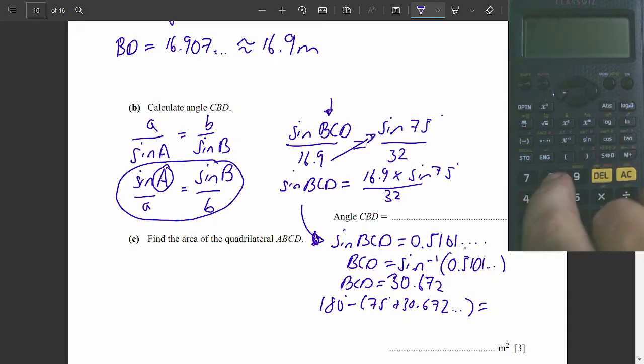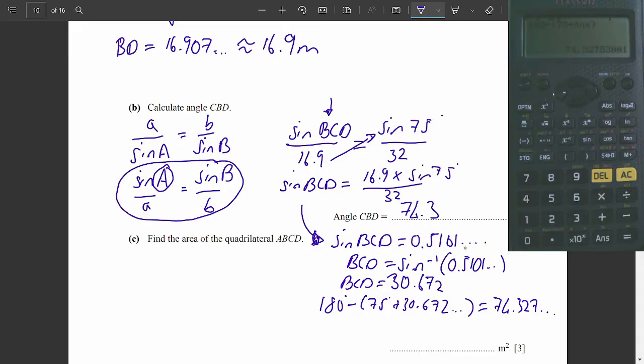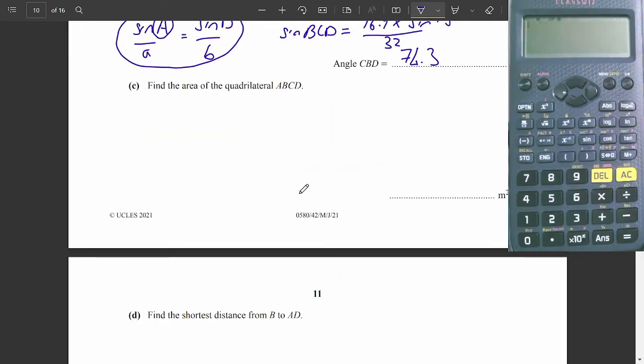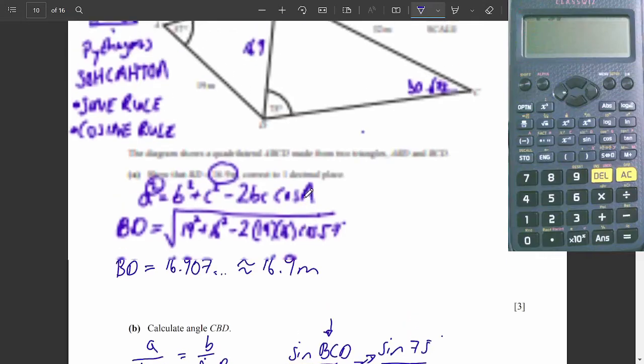So 180 minus 75 plus, again, insert my previous answer, and there we go, 74.327, rounded to 3 significant figures, 74.3.